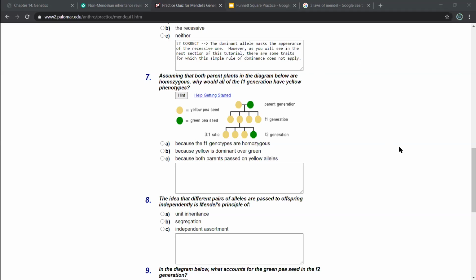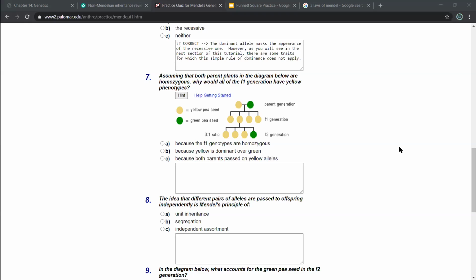Okay, so this requires a little bit more analysis, but let's think about it. Let's look at each of the answer choices and consider if they could be correct. So let's look at A, because the F1 genotypes are homozygous. If they're homozygous, that means they contain two yellow alleles.